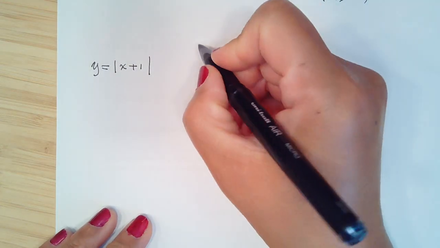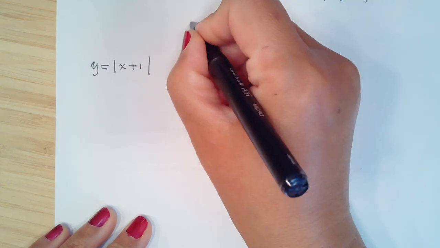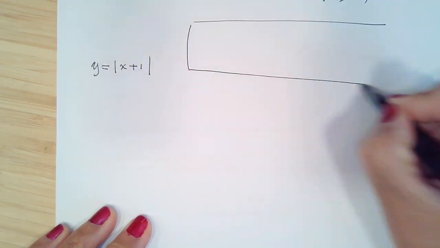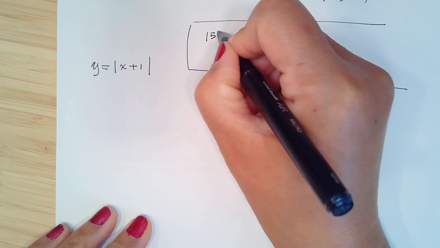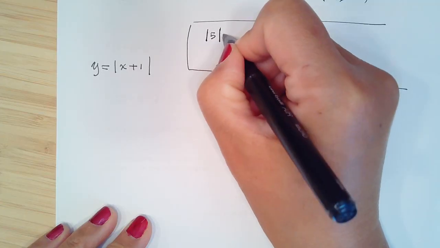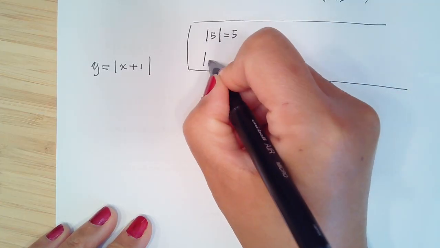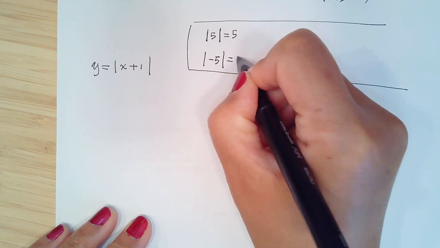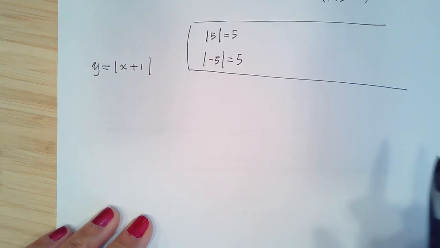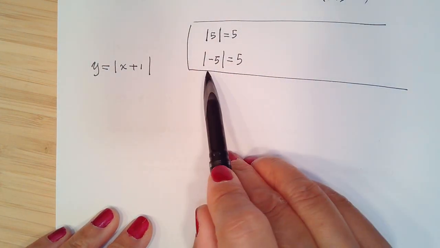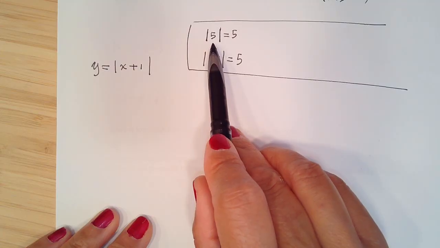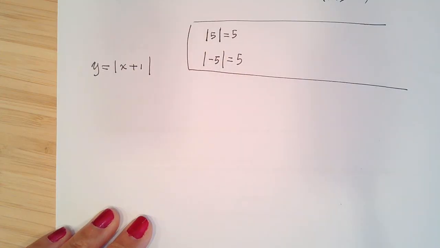I'll give you a quick example here. This is the review part. The absolute value of 5 is 5. The absolute value of negative 5 is also 5. What does that mean? If you plot this point on the number line, this 5 means the distance between that point and your origin.